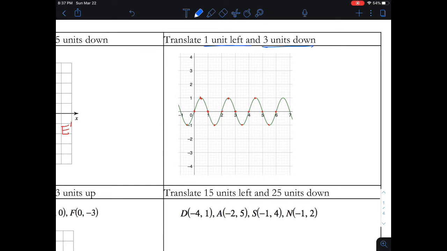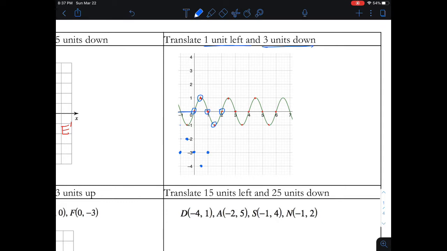So maybe let's look at these 2 points at the moment. We want this to move 1 unit across, so this way, and 3 units down. 1, 2, 3. We're going to do the same thing for this half. 1, 2, 3. And here, and here, and here.